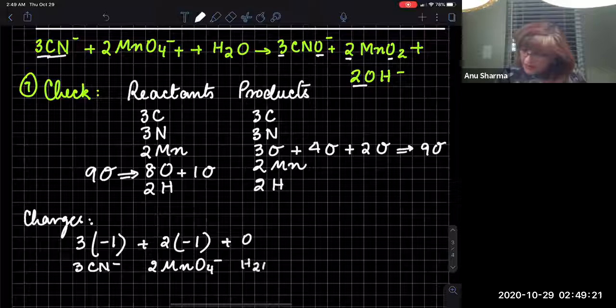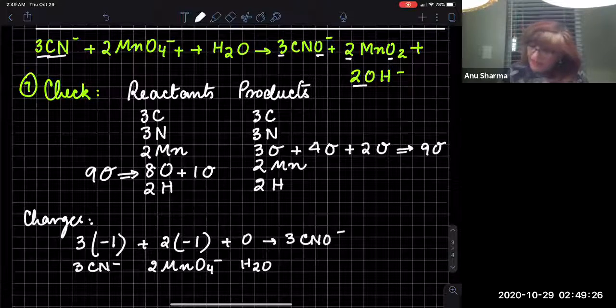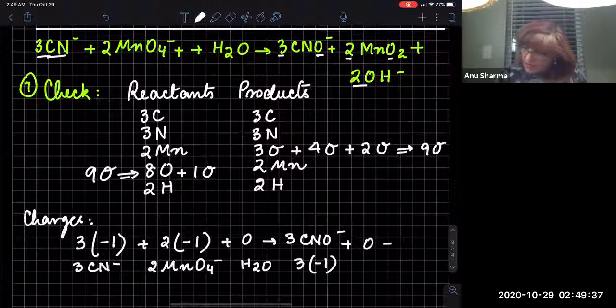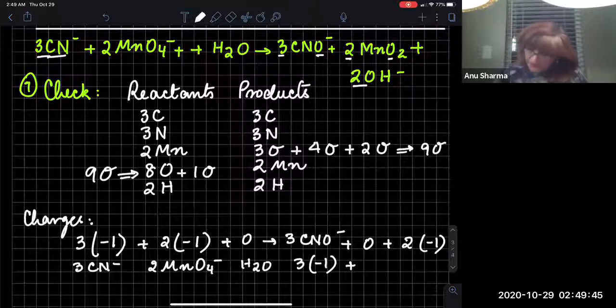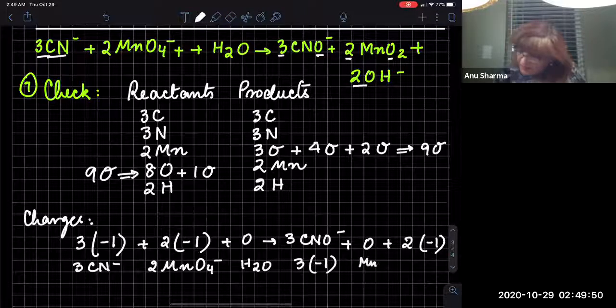And that gives you 3 CNO 1 negative, which is 3 into -1, plus 2 into 0 for the neutral MnO2, plus 2 into OH 1 negative, so that is 2 times -1.